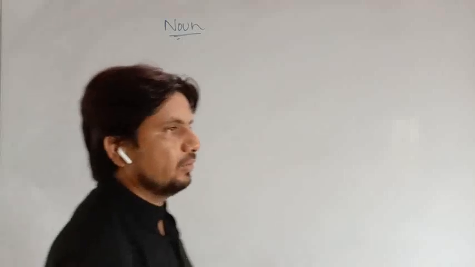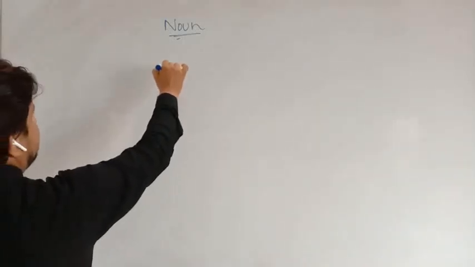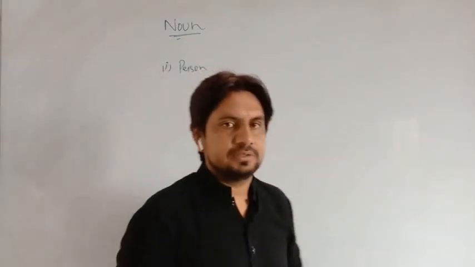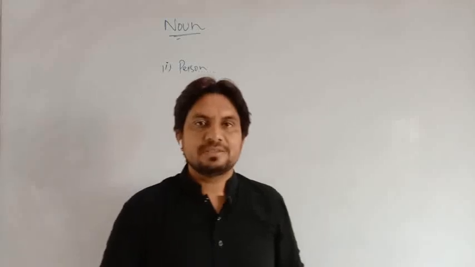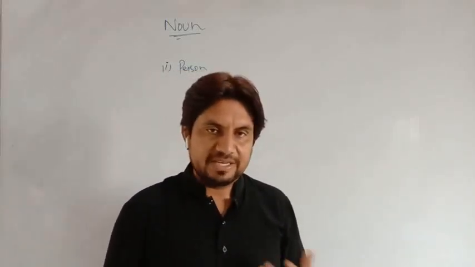The first part of speech is noun. What is a noun? There are 3 things included in this category. Number 1, person: the name of a person. The name of you, yourself, the name of myself. My name is Vakar.